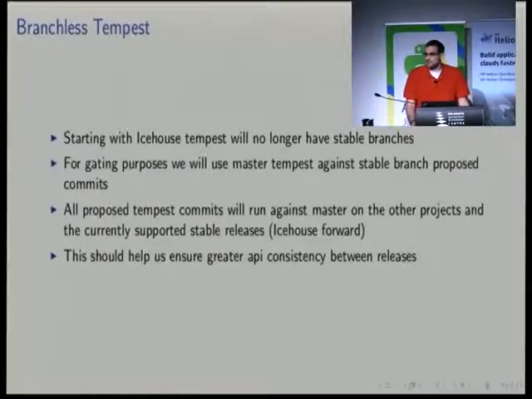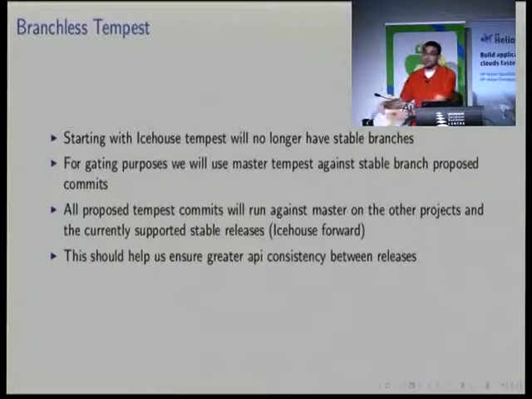But what we figured out was that by doing that, we weren't actually verifying the API was consistent between releases, because we'd be running the stable branch of Tempest against the stable branches of the projects. And there wasn't actually running whatever Tempest was in its current form against both the old and the new.